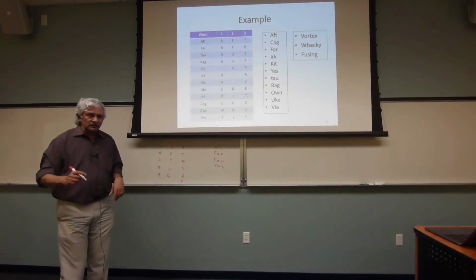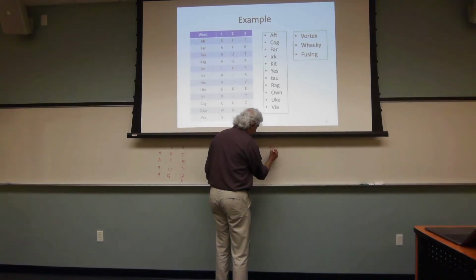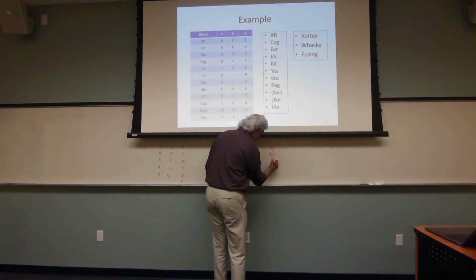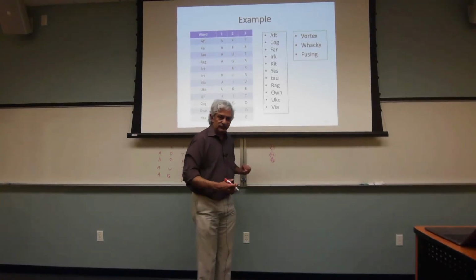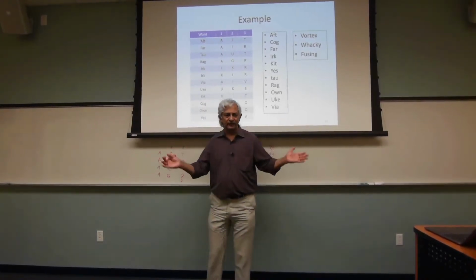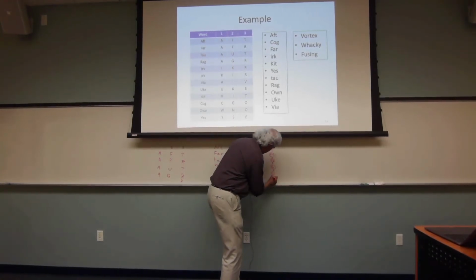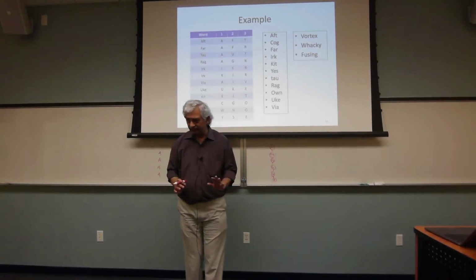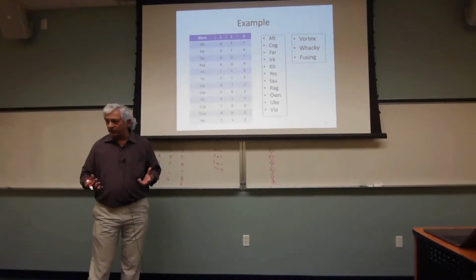So if you want to think about a tree, here's what I'm going to do. I'm going to say A is 1, F is 2, T is 3. So I'm going to make a tree essentially, okay, of possibilities. These are all fixed. In fact, A, F, T, R, U, G, all these are fixed. We know what their numbers are. But now I have I and K, and I don't know what I want to do.